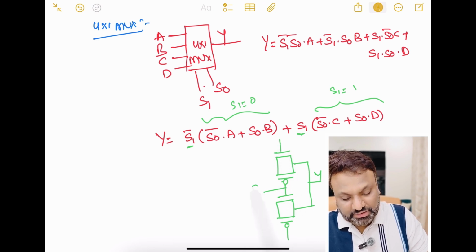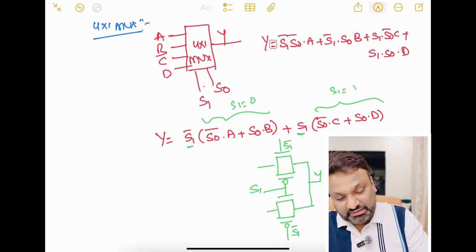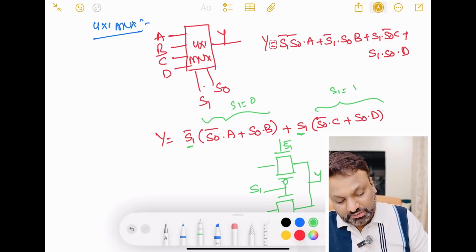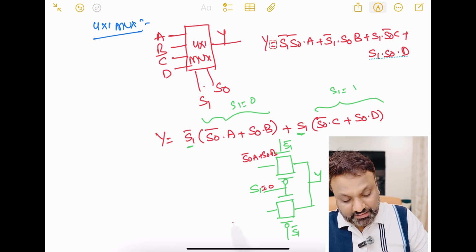This is my S1 and this is my S1 bar. Now, what is this one? When S1 is equal to 0, I need to get S0 bar A plus S0 B here, and here I need to get S0 bar C plus S0 D.